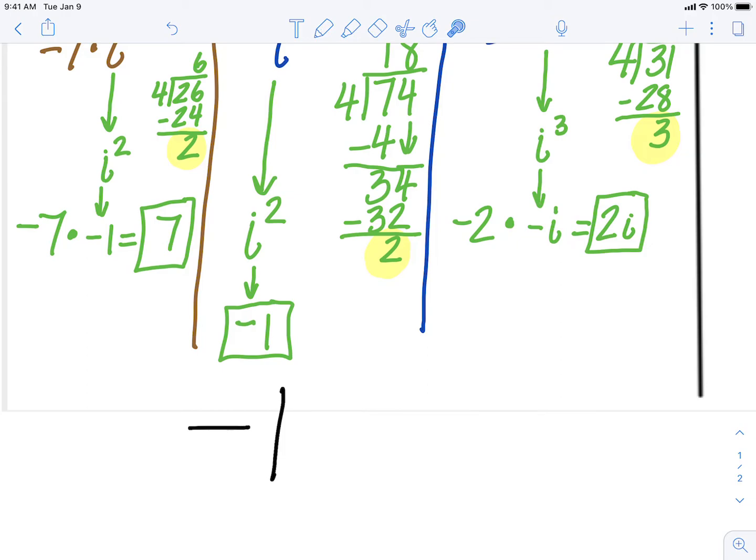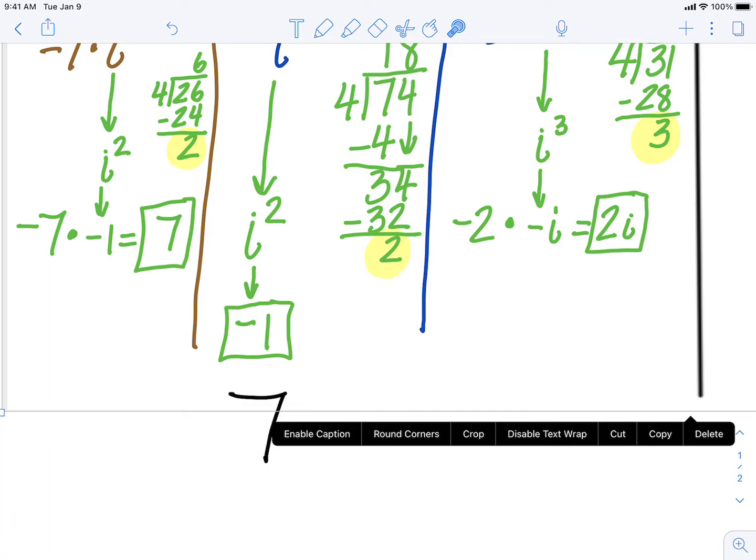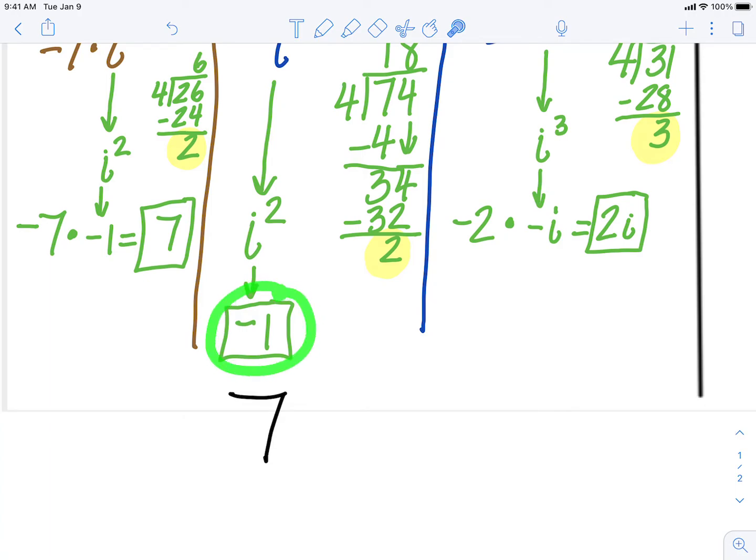Now, my imaginary number. Wait. I also have 7 here. So, actually, you know what? Let me rewind here. I'm going to write 7 first, because it's bigger than negative 1. So 7 first. Then I'm going to write negative 1 second. Those are my regular numbers.